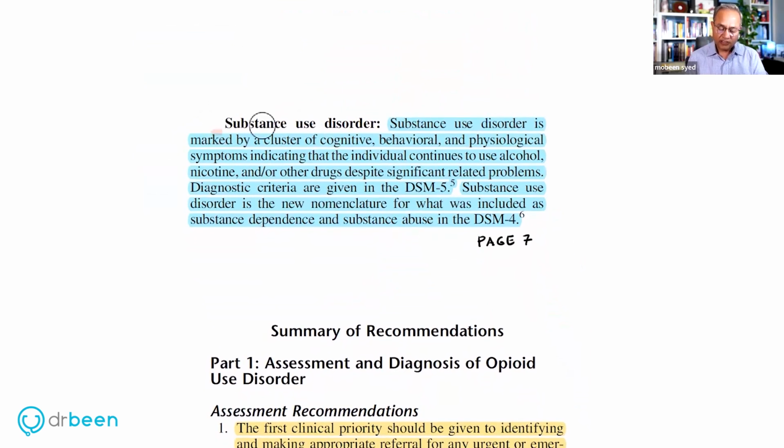So first of all, substance use disorder. Substance use disorder is marked by a cluster of cognitive, behavioral, and physiological symptoms indicating that the individual continues to use alcohol, nicotine, and or other drugs despite significant related problems.